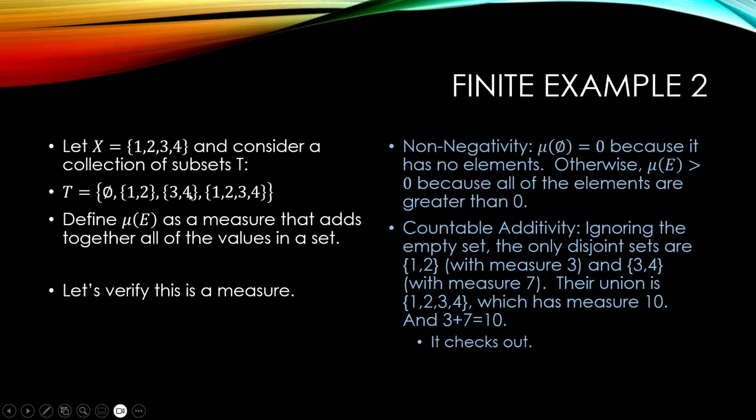The measure of {3, 4} in this context would be 7, because 3 plus 4 is 7. The measure of {1, 2, 3, 4}, well, 1 plus 2 plus 3 plus 4 gives us 10. If we're taking the union of these two sets, we get this set, and 3 plus 7 equals 10. And so we have the countable additivity.